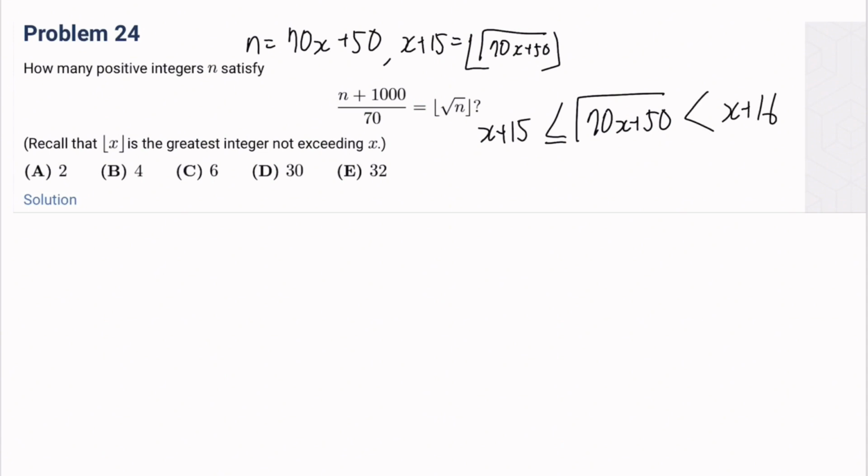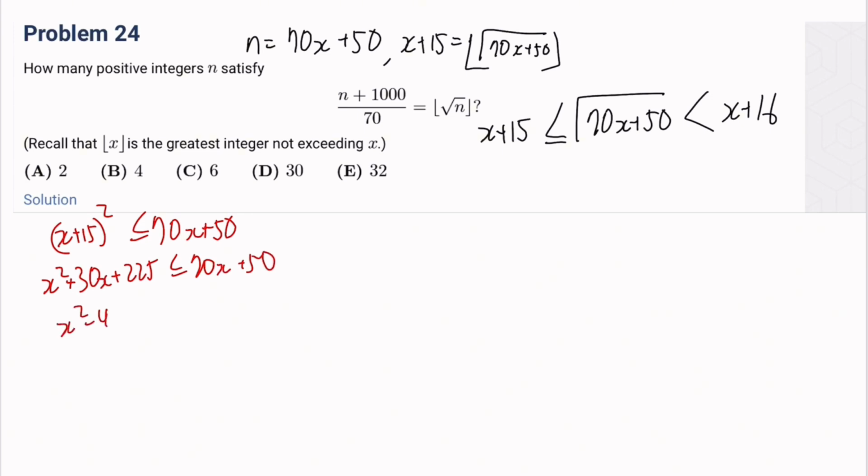And so this will give us that x plus 15 squared is less than or equal to 70x plus 50, because we squared both sides. That will give us x squared plus 30x plus 225 is less than or equal to 70x plus 50.